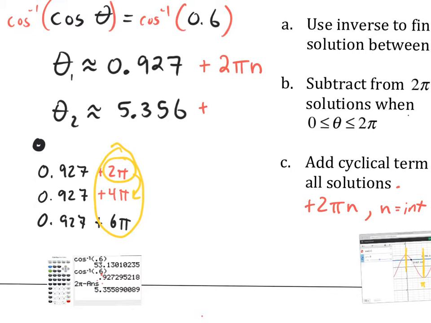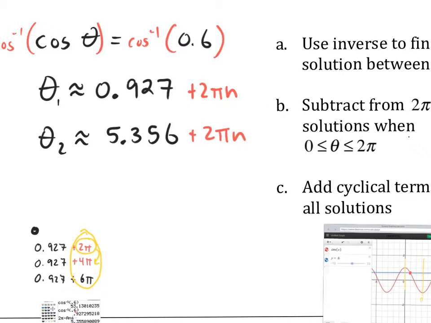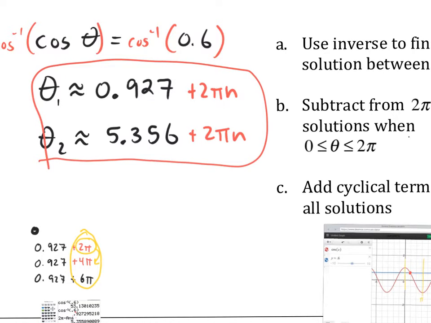And the same thing applies over here. I just find my second theta, and I just add 2 pi n to it. So when we commit to the answers, these are my two general solutions. First one was a calculator. Then we subtract it from 2 pi, so the calculator of inverse, subtract from 2 pi in order to find its partner in the same cycle.